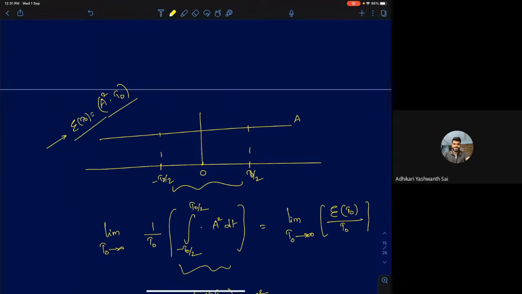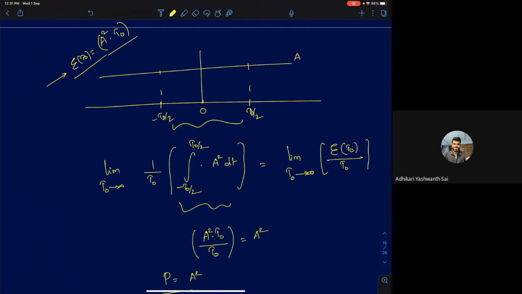So if I divide it by t naught, if I take E of t naught, A square t naught by t naught, then this number will become a constant. So this term is what we call the power of a signal. For a DC signal of amplitude A, the power is A square, the square of the amplitude.